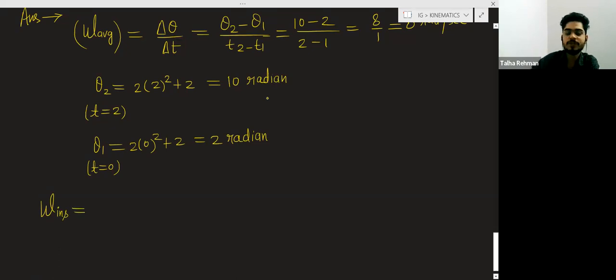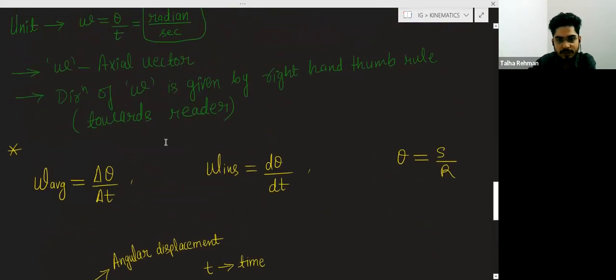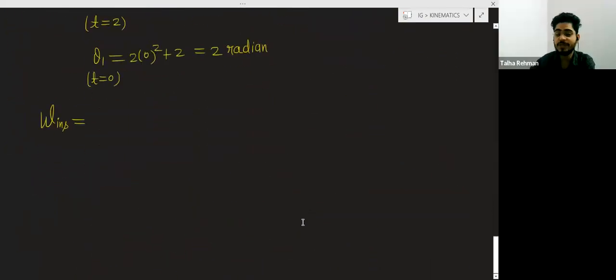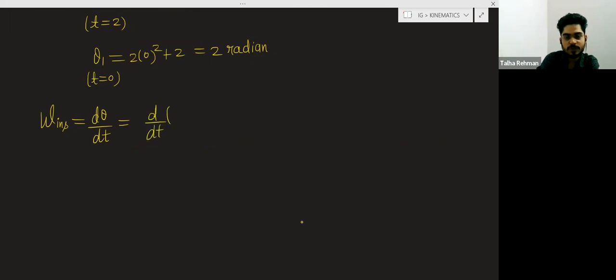What is the formula of instantaneous angular velocity? d theta by dt. Very good. d theta by dt means we have to do the differentiation here, and you have to tell it at t is equal to 2 seconds. So here you will write d by dt and put the value of theta. What is theta? 2t square plus 2. I have told you how to differentiate.